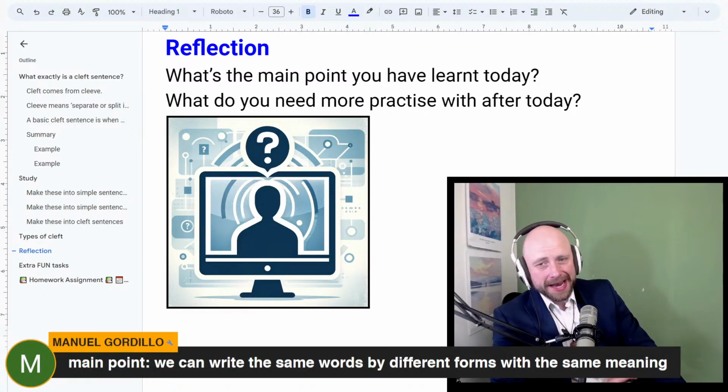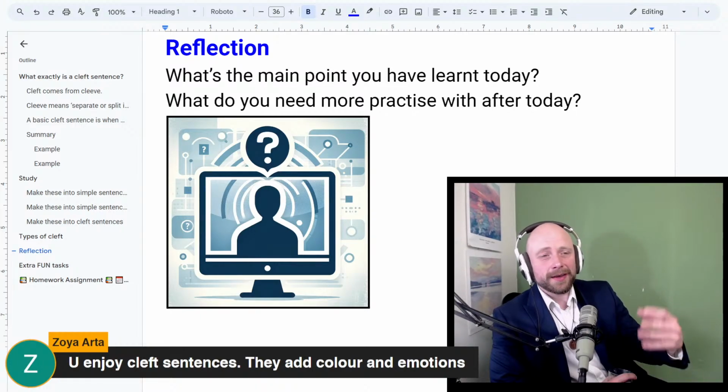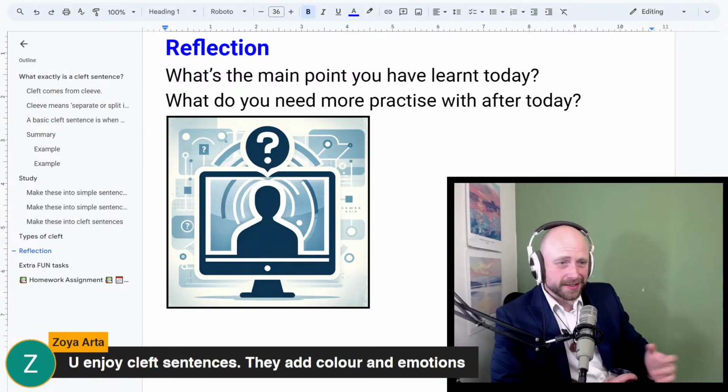Well, actually, there are many, many different ways of writing the same meaning. Right, they add colour and emotions. Exactly. That is the point, really, Zoya. That's what it's really about. It's just complexity, different options, different emphasis sometimes.